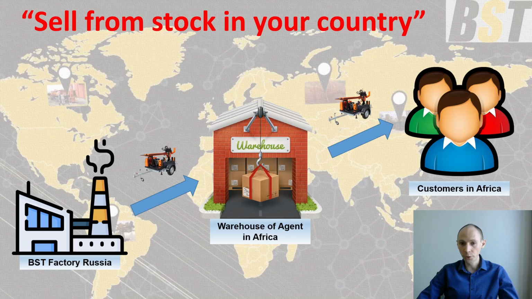So they will have no risks, and they can pay money in your local currency, which is absolutely easy and more effective than we used to do previously. So this is the main description of this business model, which is called, again, sell from stock in your country.